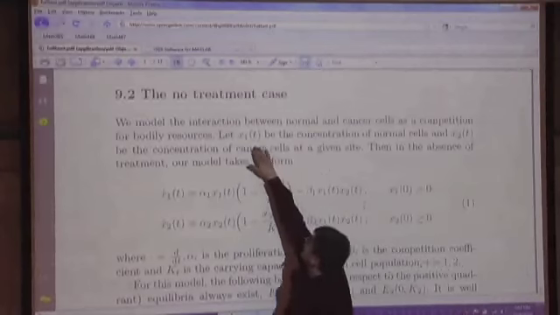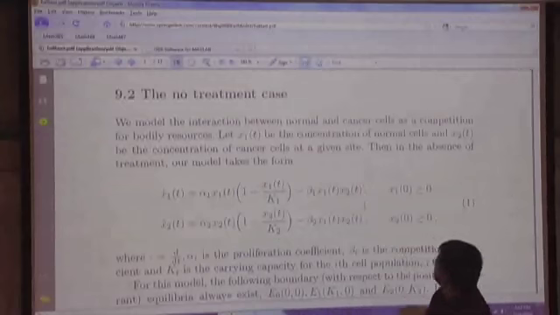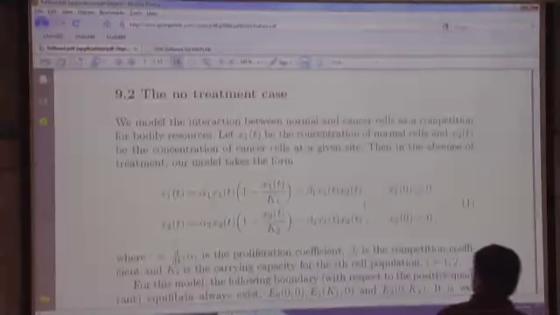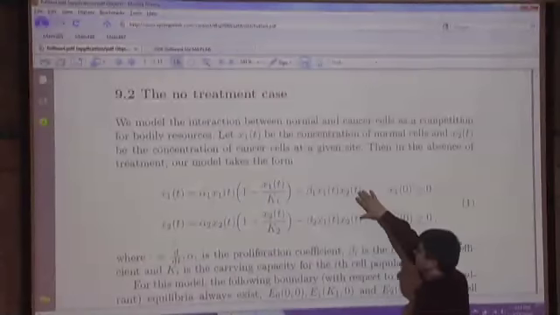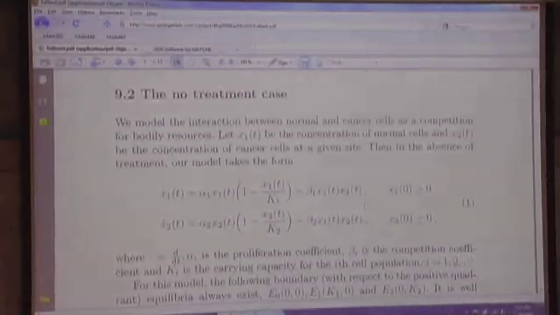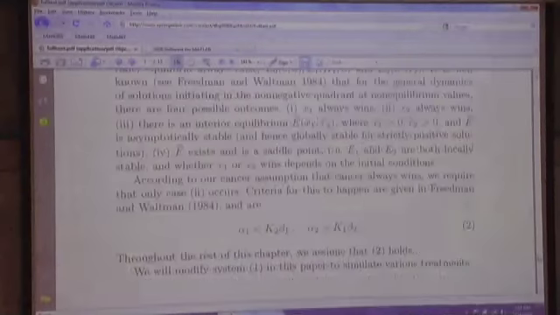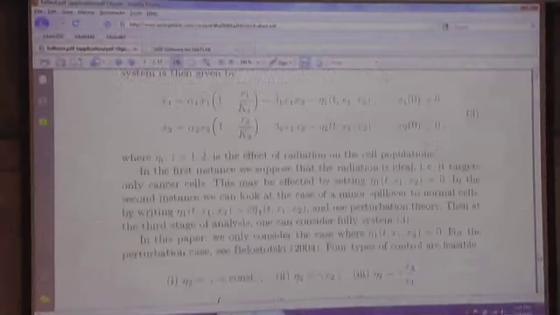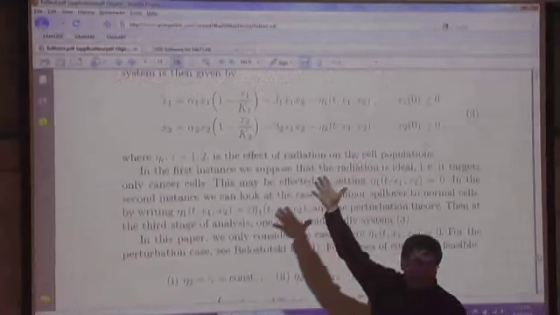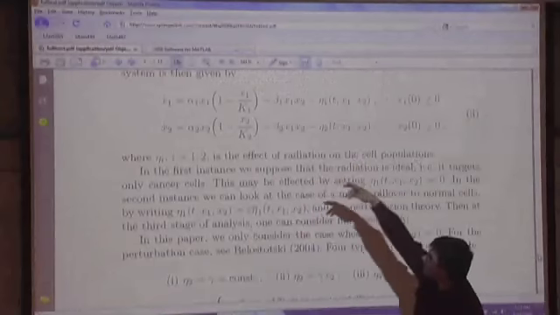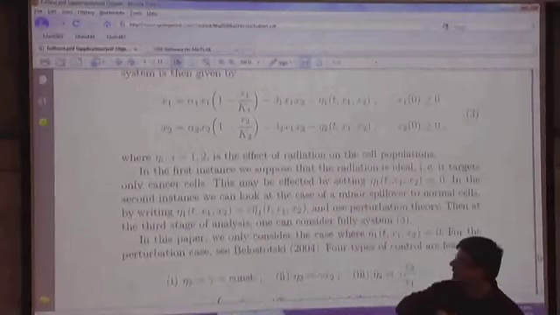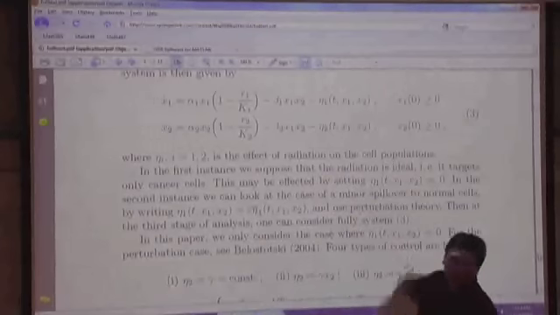it's a different thing. X1 is a concentration of normal cells, X2 is a concentration of cancer cells, right? So then it's some sort of competition between normal and cancer cells. And the point, and we're going to revisit this not necessarily on this example, is that treatment means that you actually affect the growth rate of the normal cells and cancer cells with certain terms.